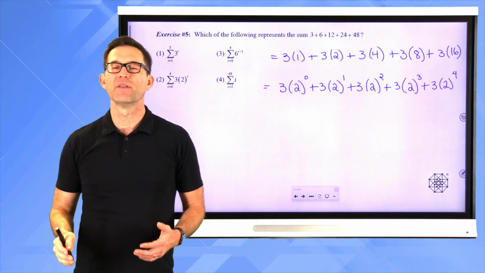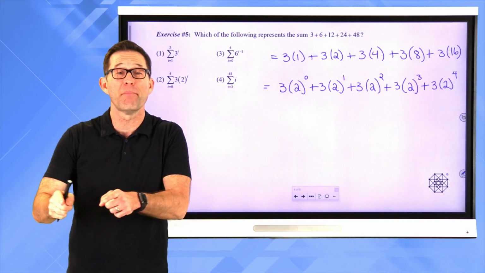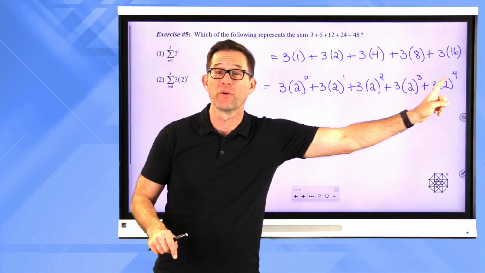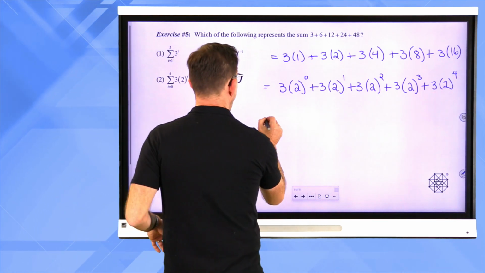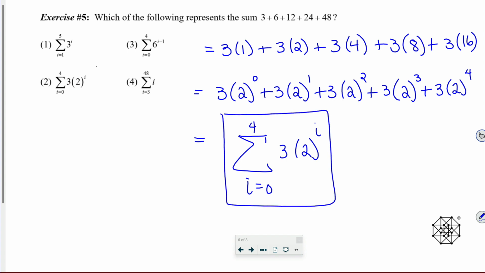And once we have it there, it's pretty easy because we're always looking for something that's going up by ones, and that's the exponent, right? 0, 1, 2, 3, 4, in which case all of this can be thought of as the summation of 3 times 2 to the i, where i starts at 0 and concludes at 4. And that happens to be choice 2.